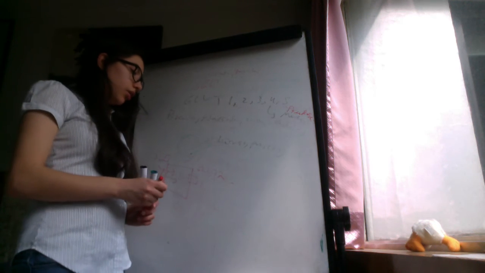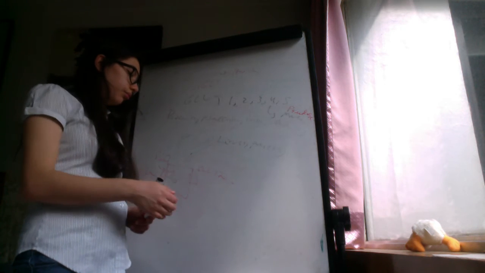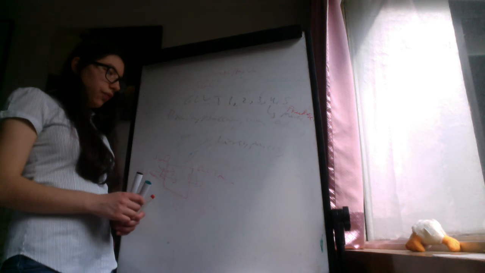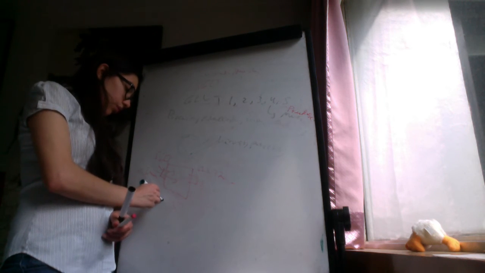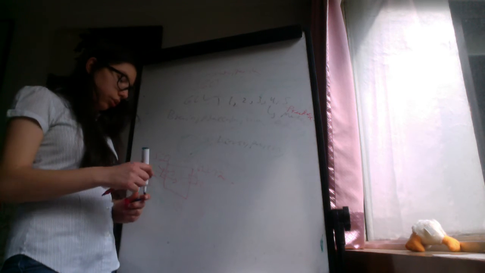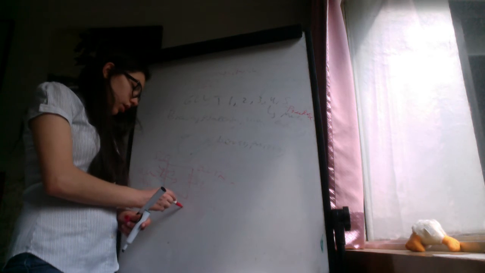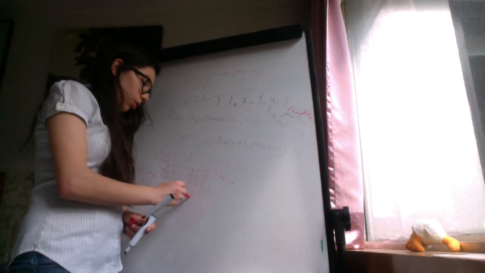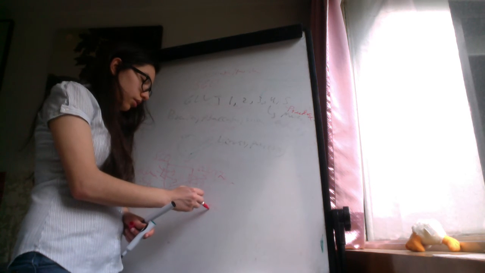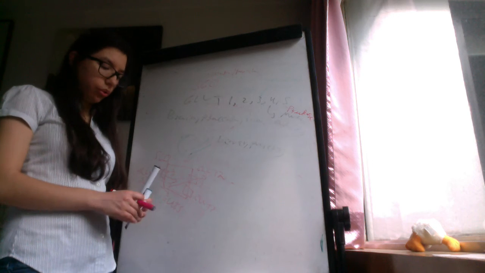As you see here, GLUT 2 is permitting glucose going out of the cell. And fructose enters the cell through GLUT 5, and can go out of the cell through GLUT 5 or GLUT 2, and it is mainly by GLUT 2.